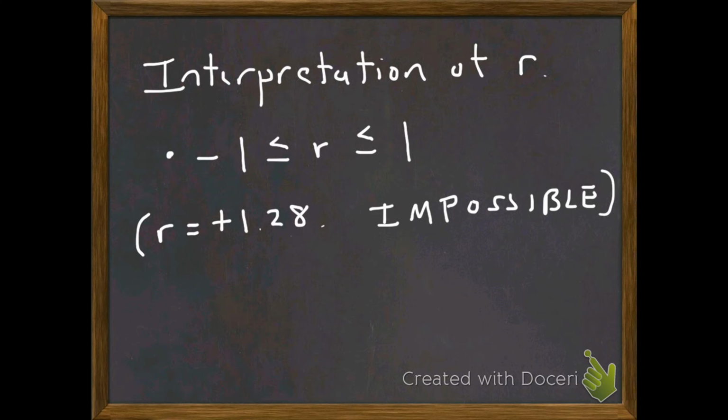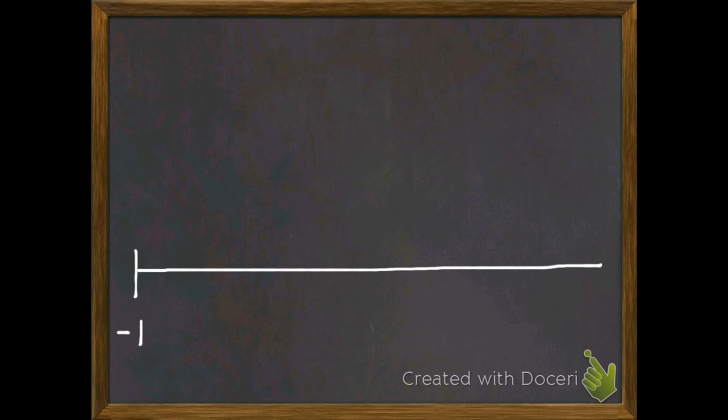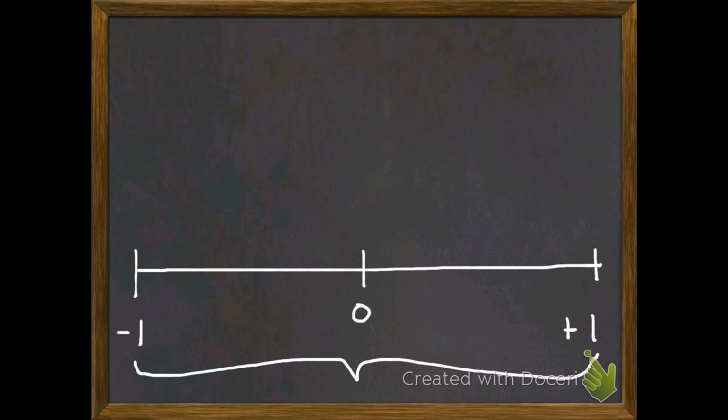A really good way of looking at what this R value tells us is to look at the segment between -1 and +1. And guys, this is not perfect, but this gives you a pretty good indication of what goes on in the interpretation. Those are the only values that R can attain.